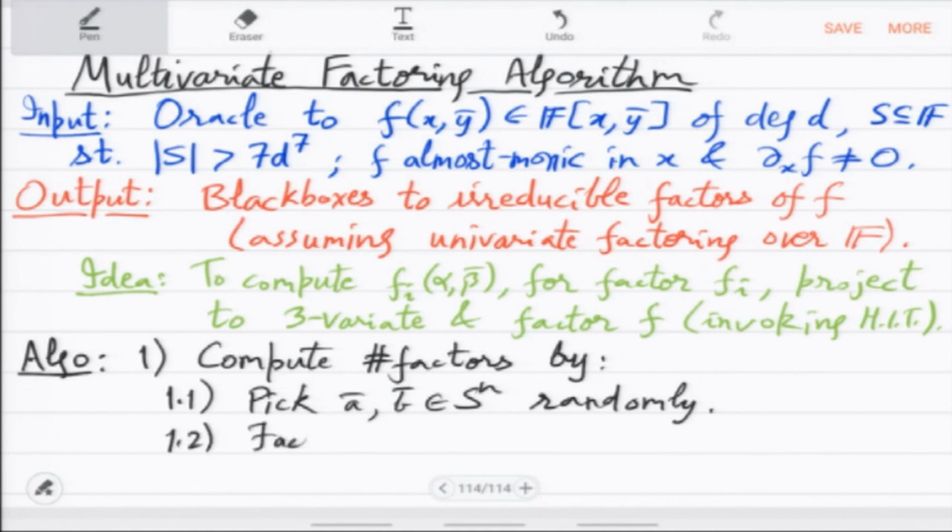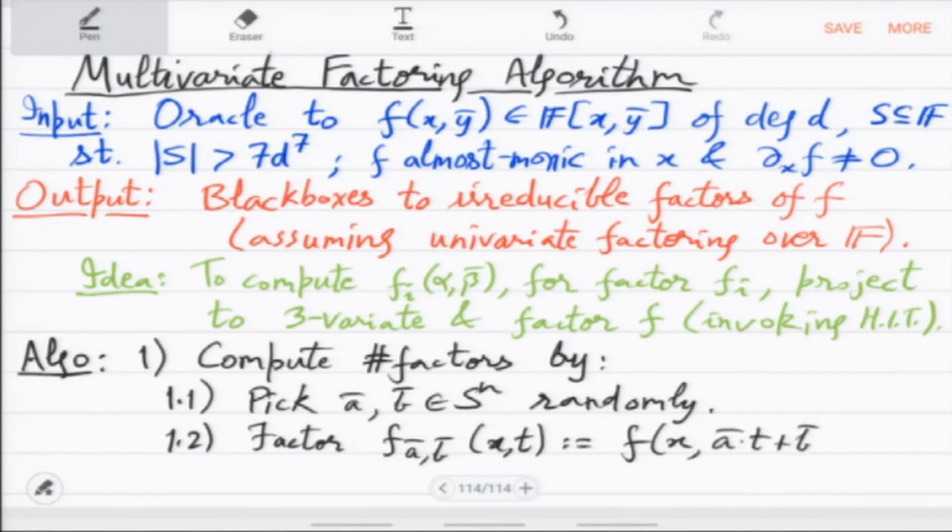So factor this bivariate, right? It's F(x, a bar t plus b bar).